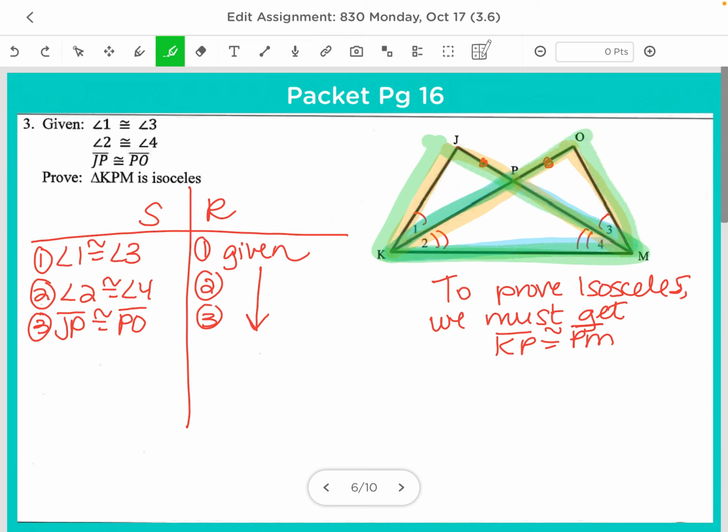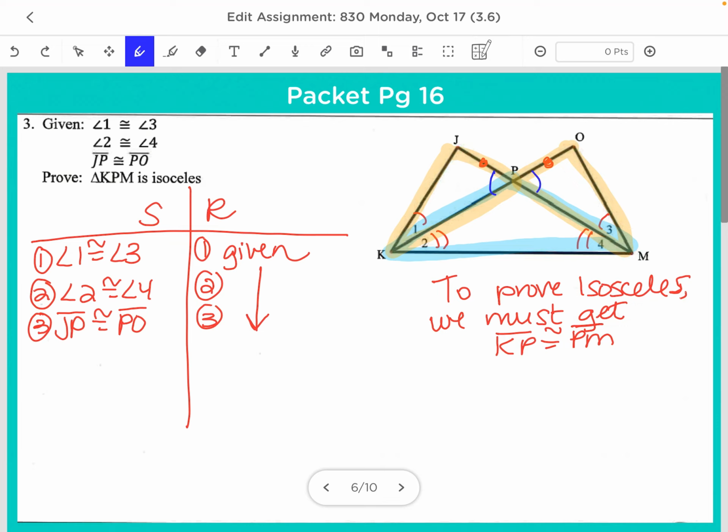Now again, I would try to logically reason through how I can use the information that's been given to me in order to prove what's congruent. So I'm going to start with those orange triangles. Let me get rid of the green there. All I can prove in these orange triangles, and I'm not writing in my proof yet, I'm just talking you through it, is that these vertical angles are congruent.